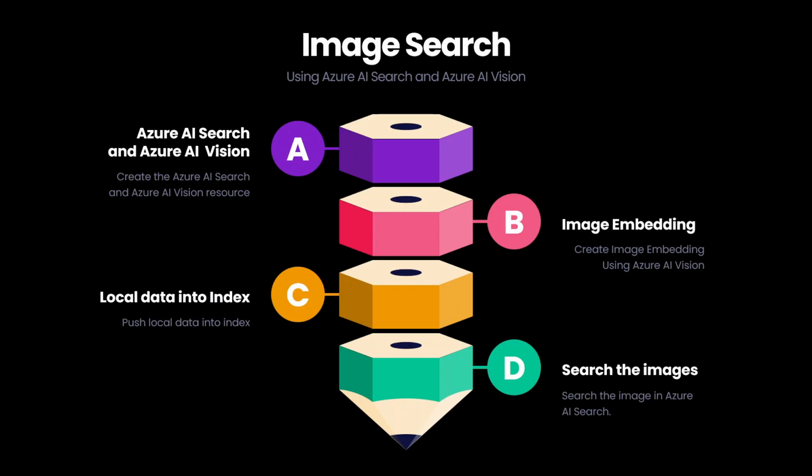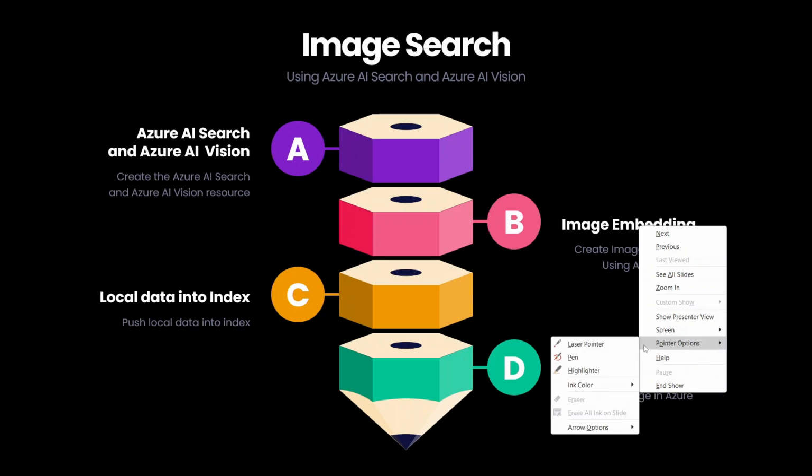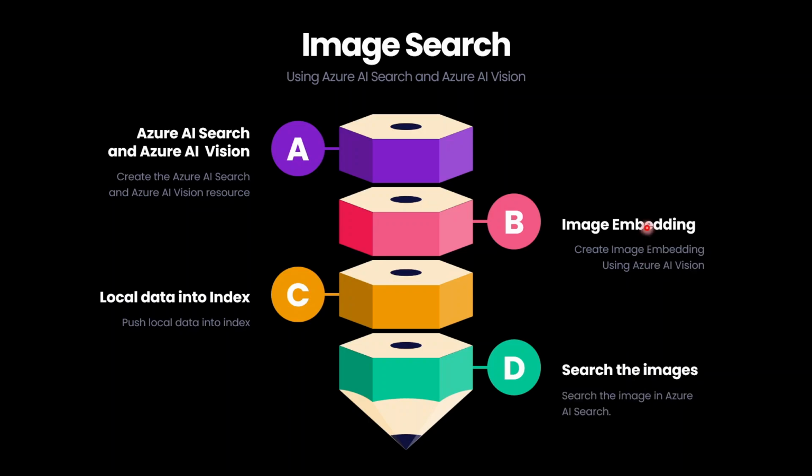So in this session, what we will do is that we will create the image search using Azure AI Search and Azure AI Vision. We've already created the Azure AI Vision resource. What we should do now is create the Azure AI Search resource. We then create the image embedding using Azure AI Vision. So this is what we have to do here.